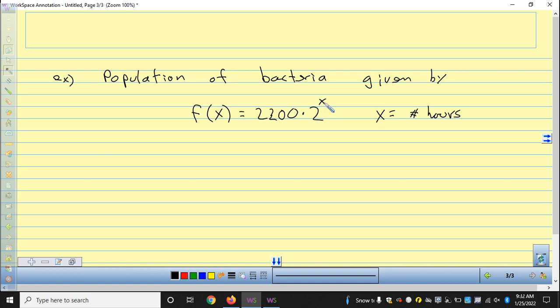So we plug in the number of hours, and we get the population of the bacteria in this petri dish. They're reproducing, the population is growing. And the question says, how many after 5 hours?